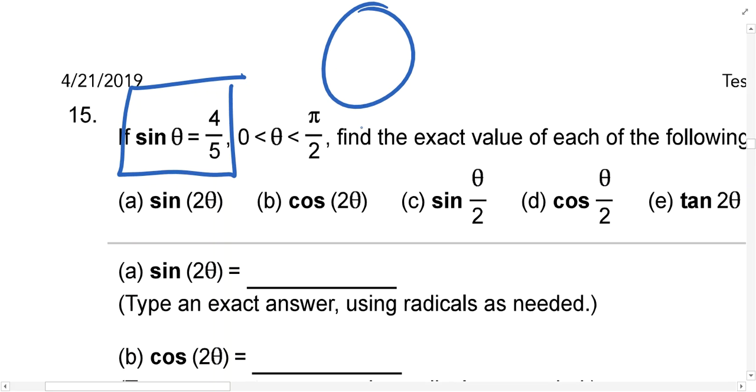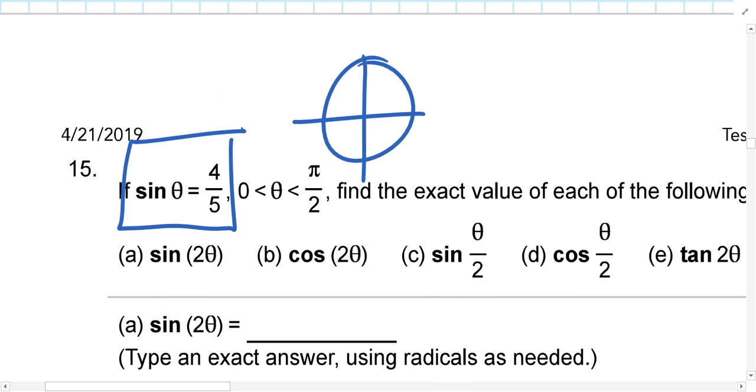Now, none of the angle measures that we memorized in our unit circle had a y value of 0.8, but I do know that an angle measure here, this angle, whatever that is, would have a y value of approximately 0.8. But so would this angle measure.